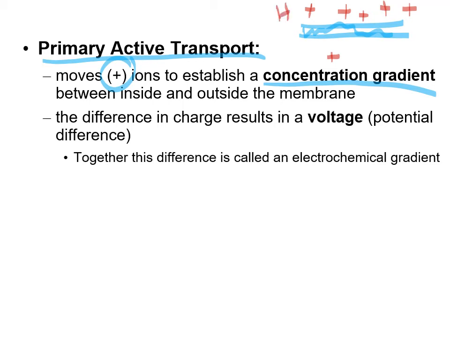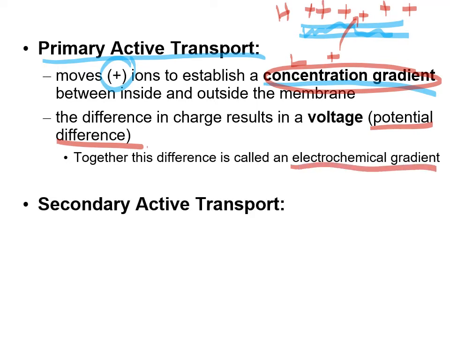So this is the higher concentration, this is the lower concentration, and this establishes a concentration gradient. To move these to the higher side is going to require some energy. But what you end up doing is setting up a potential difference between the two. You have more of one charge on one side than on the other, and this is called an electrochemical gradient.